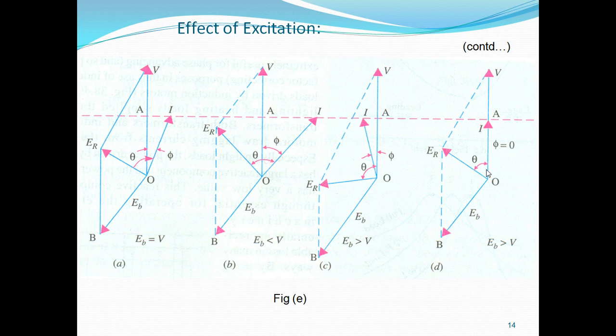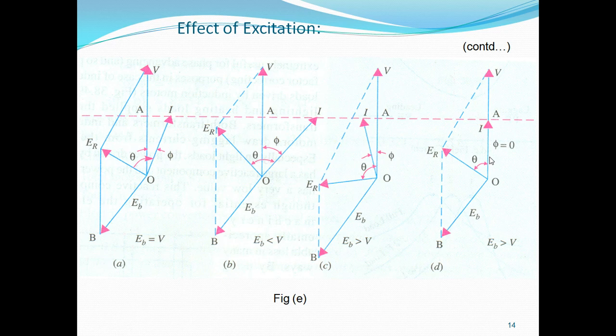So by changing the excitation, the power factor of the synchronous motor changes. Either we can bring it to unity power factor, we can make it lagging power factor by reducing the excitation, that is under excitation, or we can make EB greater than V for over excitation if we increase the excitation. And the current is minimum at unity power factor.